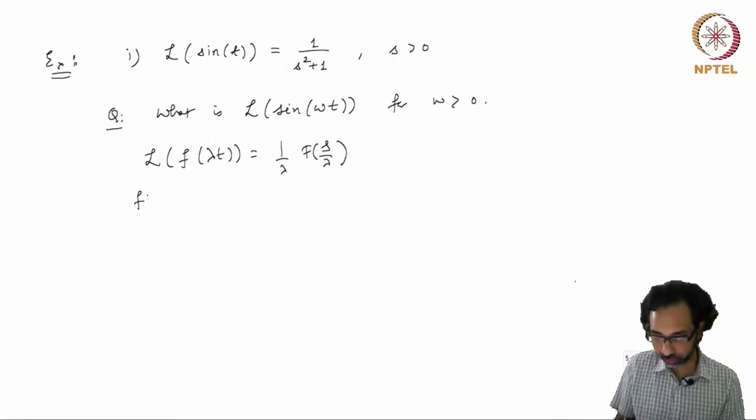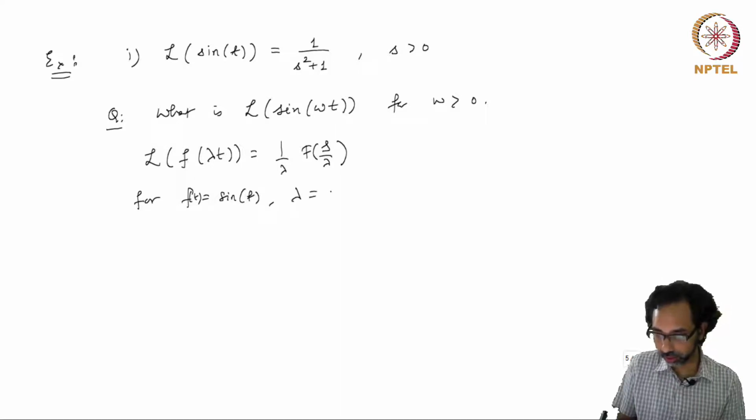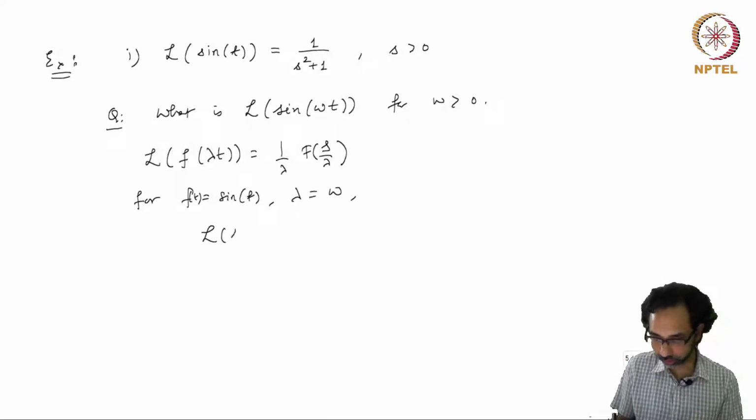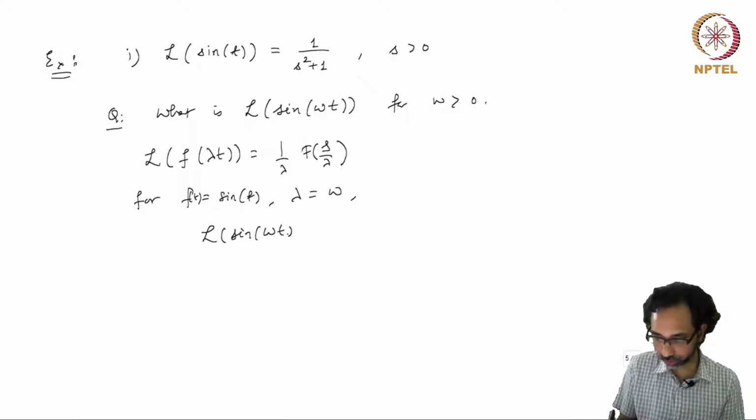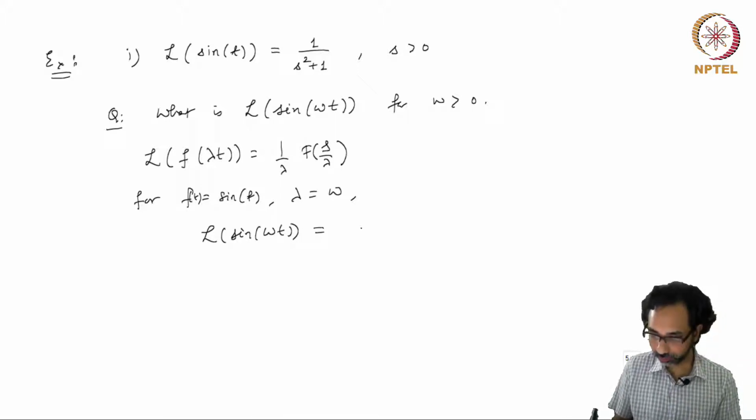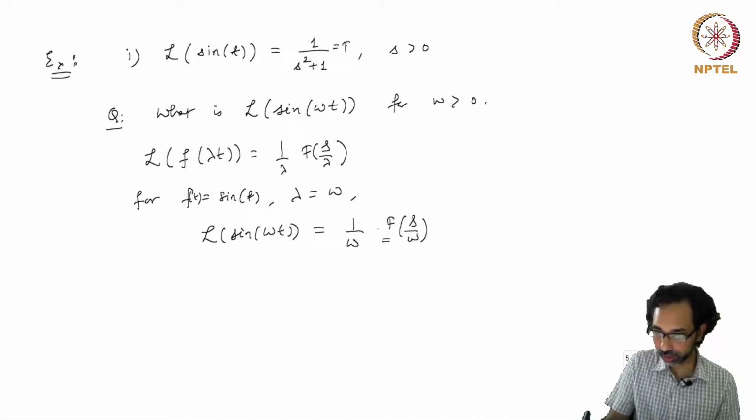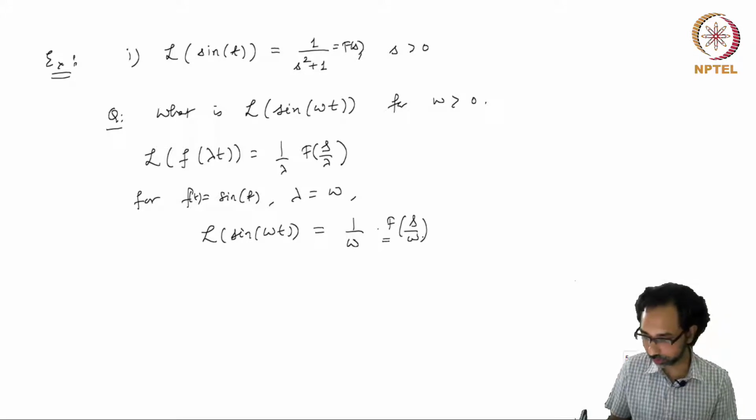So for f t the sine function and lambda equal to omega, we get the Laplace transform of sine of omega t is equal to 1 over omega f of s over omega.